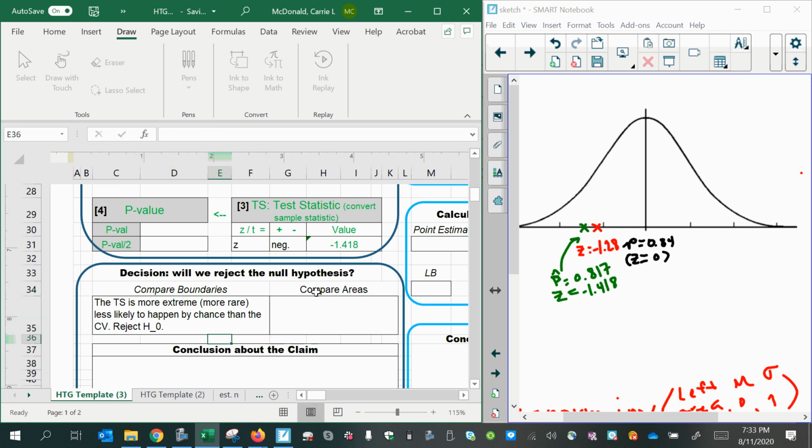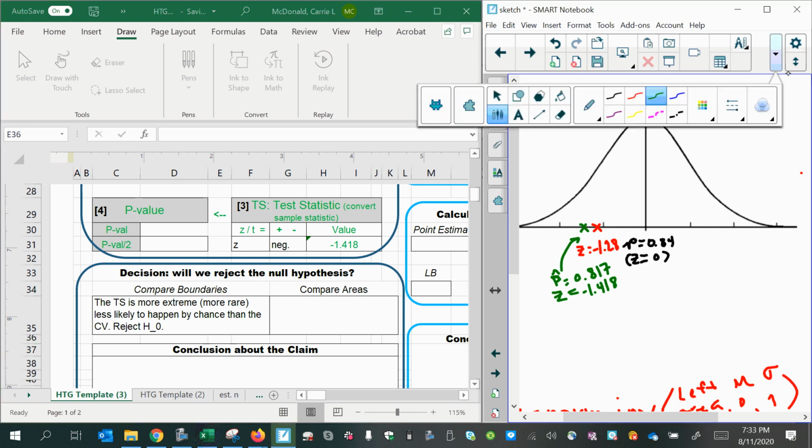Right? Now we can also compare areas. So let's put the areas on our sketch. From the critical value, we can draw a line up to make our significance region, also called the critical region, and also called the probability of a type 1 error.